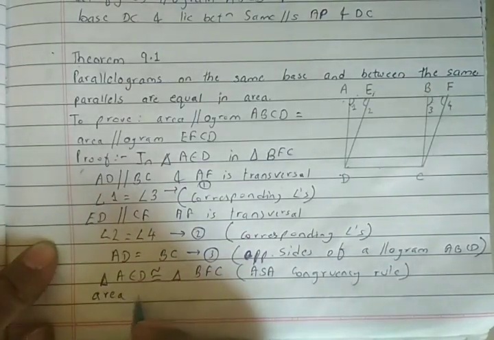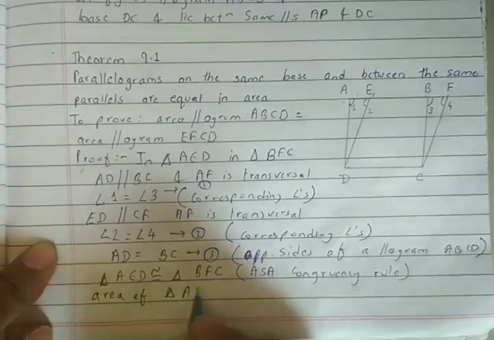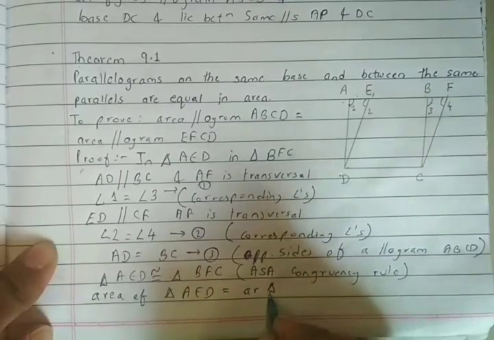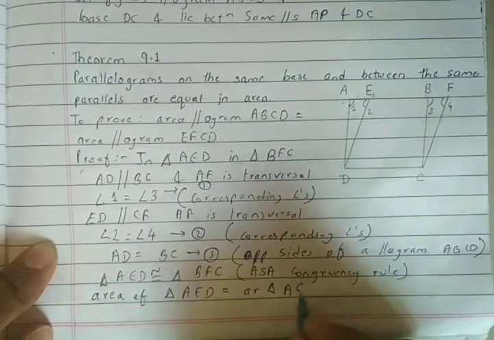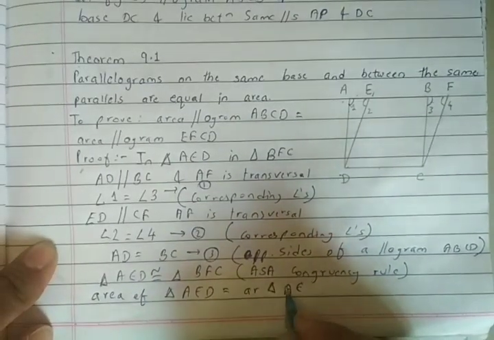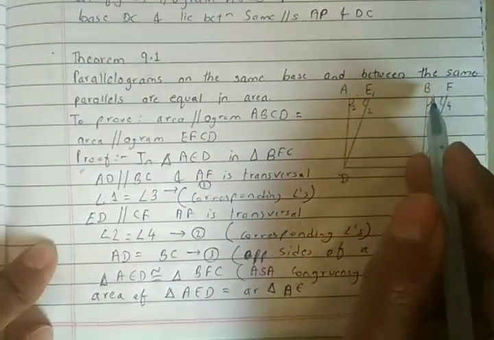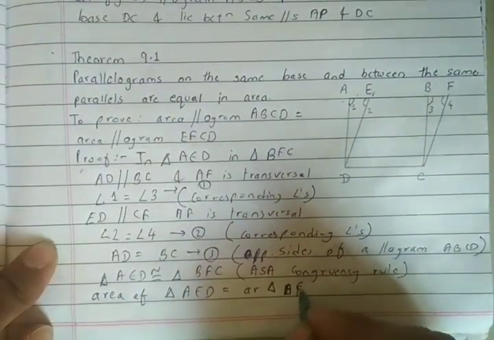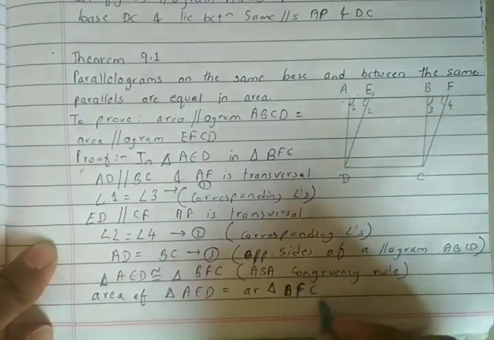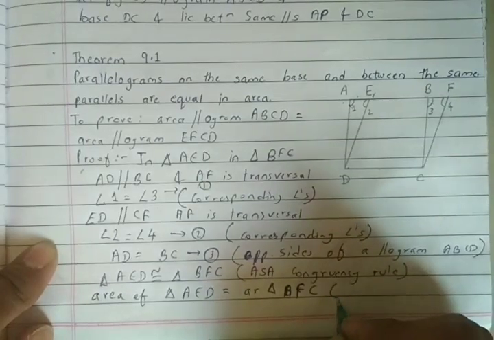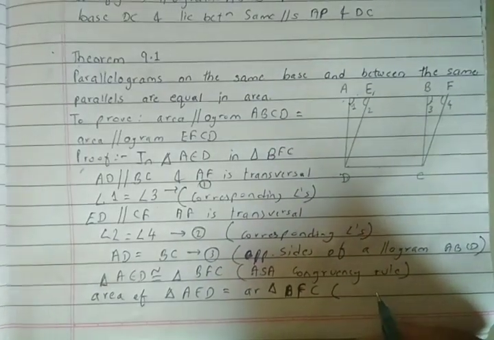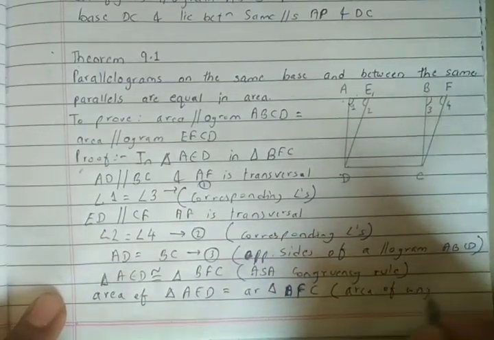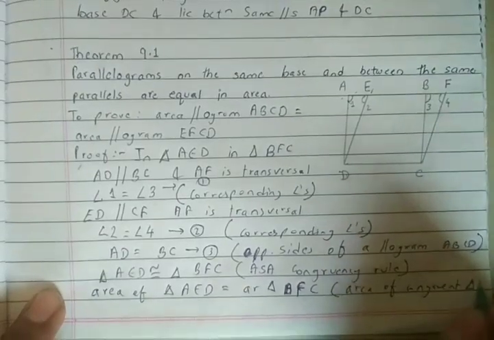Area of triangle AED is equal to area of triangle BFC. We can say this by area of congruent triangles.